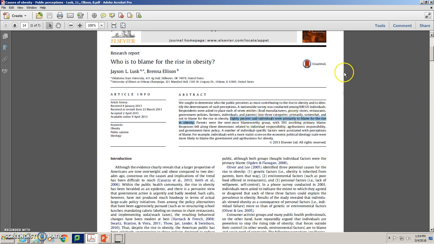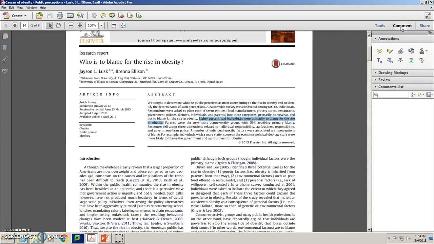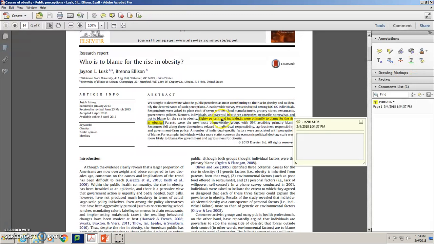So I'm going to go to comment. I'm using Adobe Acrobat Pro, which might be different to your program, but most programs do allow some form of note taking. And I'm going to click Add Note to Text. And there the text is highlighted, and I can write a note.